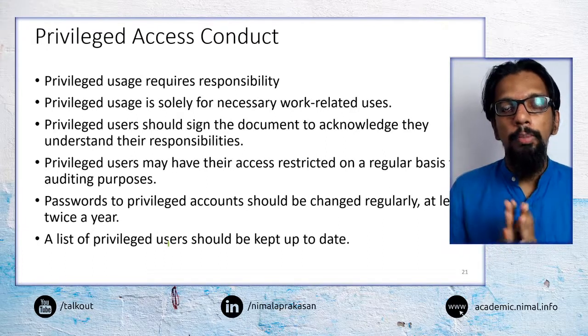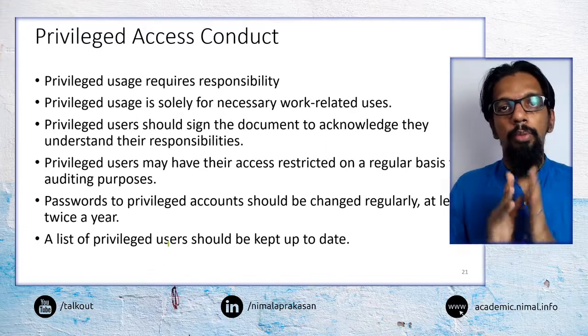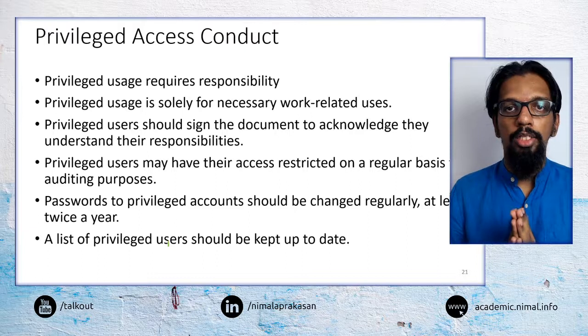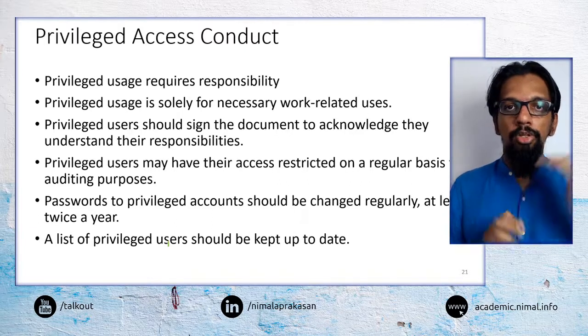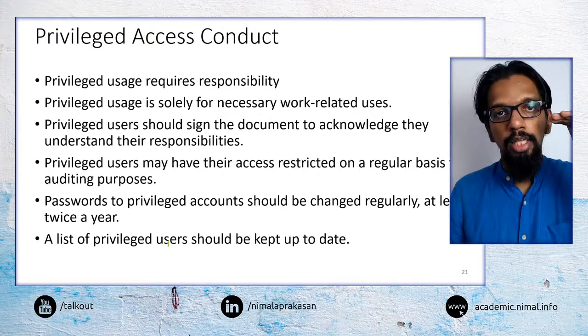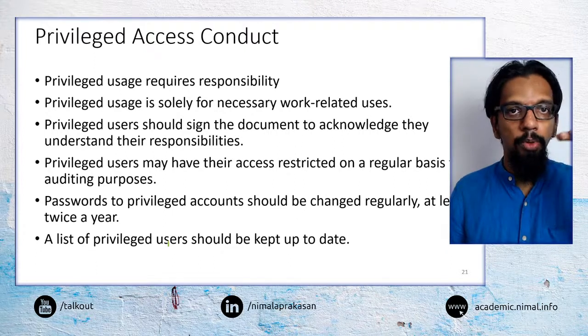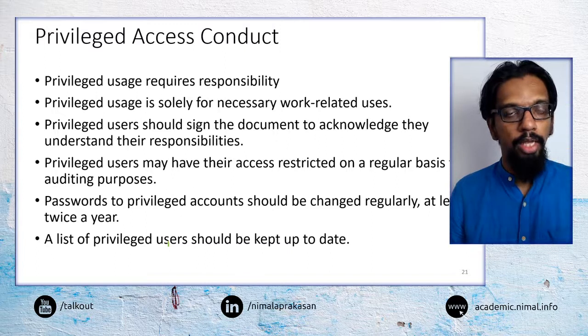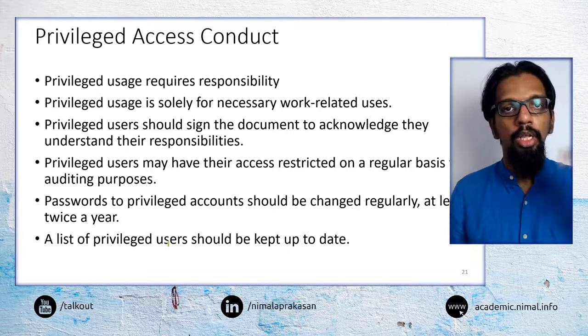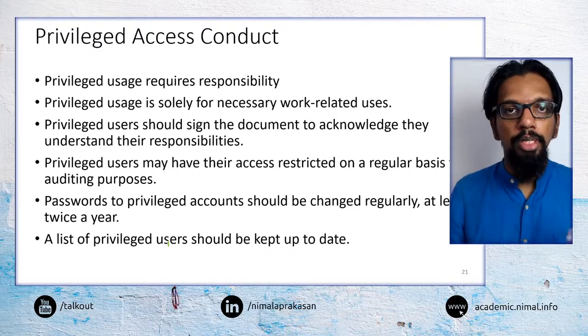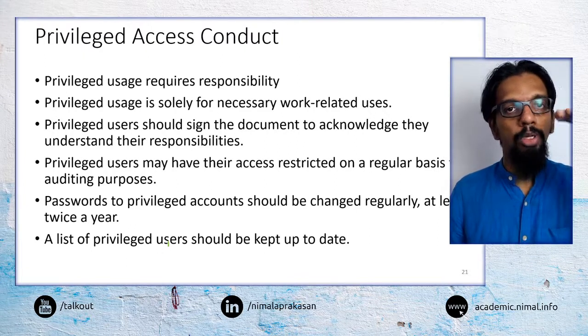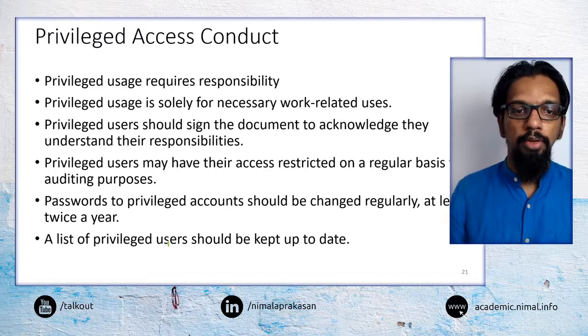Then one of the other main things that we have to think about in most organization environments is what we call privileged access. We briefly touched upon this when we were talking about security or access levels of information. We can have different information, different systems, different servers being accessed or allowed access from different sets of users.